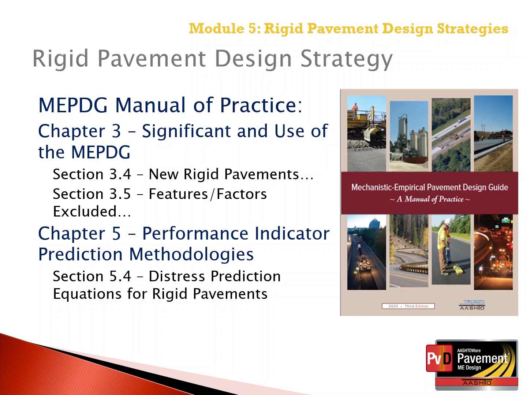The two chapters include Chapter 3, specifically Section 3.4, on new rigid pavements, PCC overlays, and restoration of rigid pavement design strategies applicable for use in the MEPDG, and Section 3.5 on design features and factors not included in the MEPDG process. Chapter 5, specifically Section 5.4, covers the distress prediction equations and transfer functions for rigid pavements.